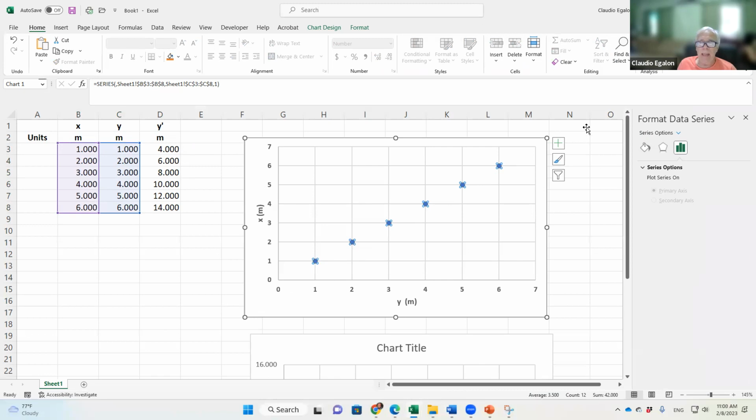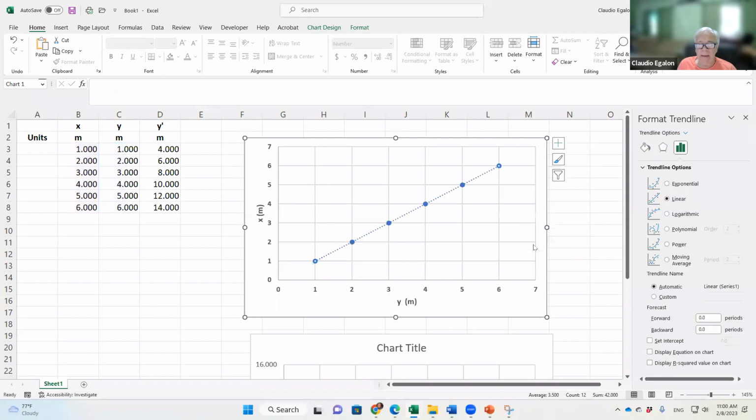Okay, and this little thing shows up as well. So notice that the points that I plotted are also highlighted here in Excel, right? What you do next? Right click on one of the data points and select add trend line. Okay, now you have a proper line connecting those points.